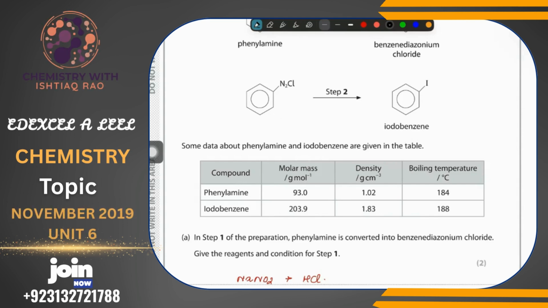Iodobenzene mass is, wait, density is equal to mass over volume. Mass is equal to density times volume. But wait, what do they even want?